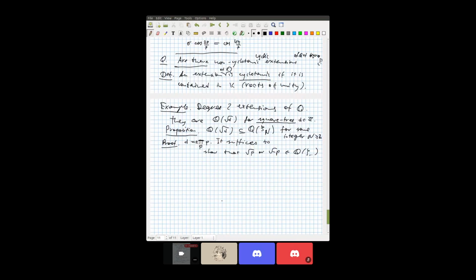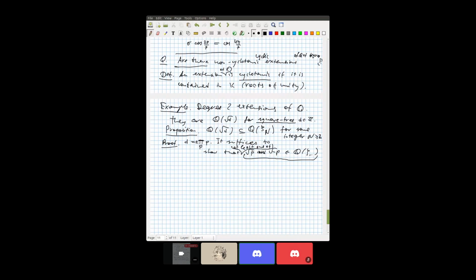So the only thing we have to do is to show that at least one of the square roots of p or -p belongs to some cyclotomic extension.